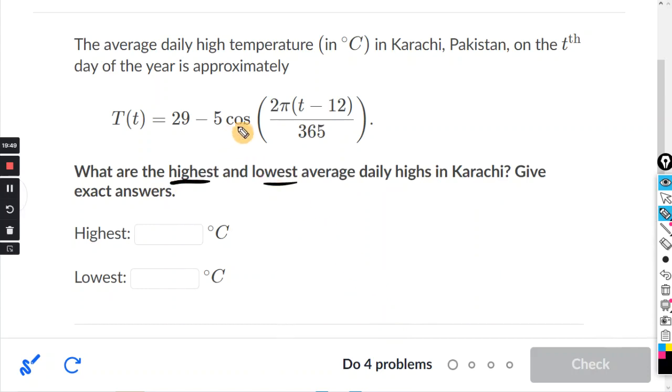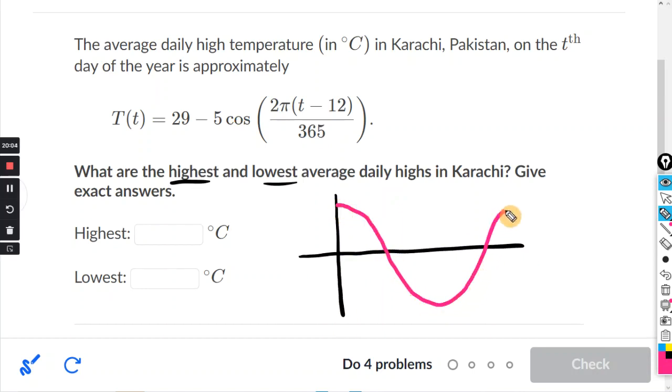And what you want to do, since this is a cosine graph, if you just take your basic cosine function, it starts here, and it goes down, and it comes back up. The maximum is at 1, and the minimum is at -1.